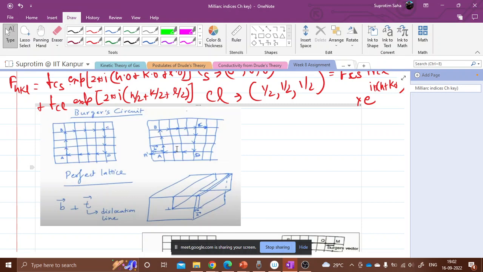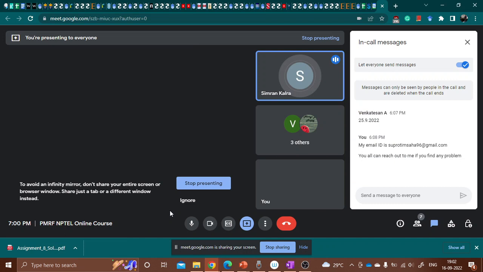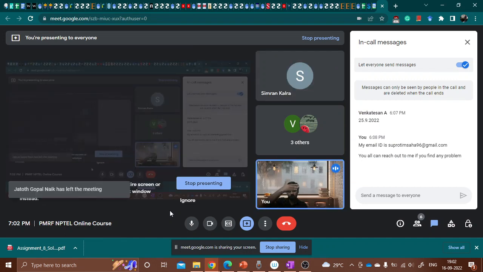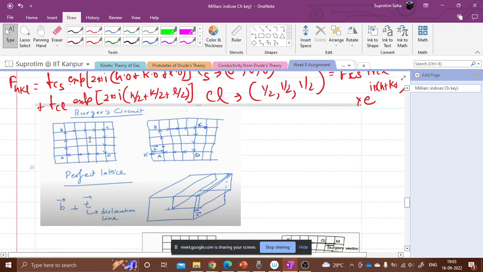You're understanding, right? Let me just go to my screen. If you have this sort of lattice plane, the dislocation line will be along this side. Along this you have these lattice sites, and you are traversing a distance more along this, as I flashed you in the diagram. You have to traverse four steps along this, as done in a perfect crystal.